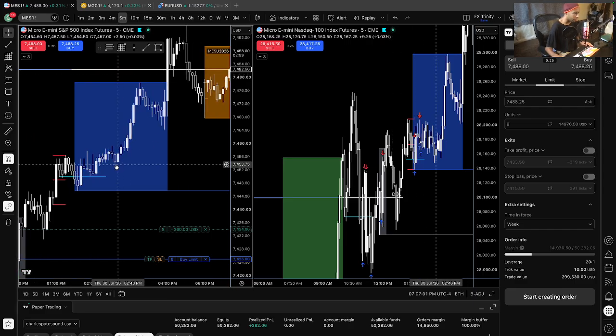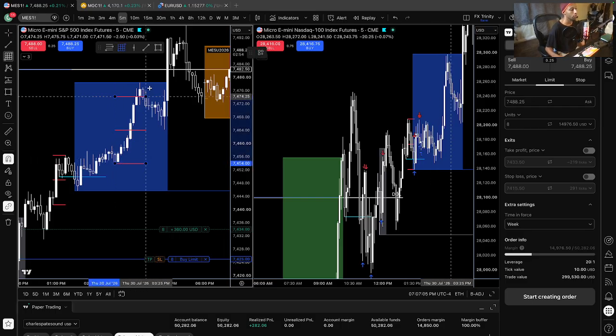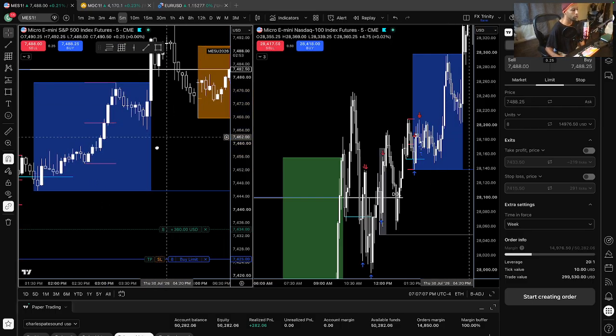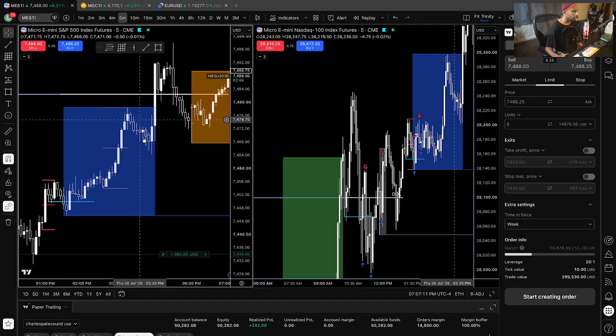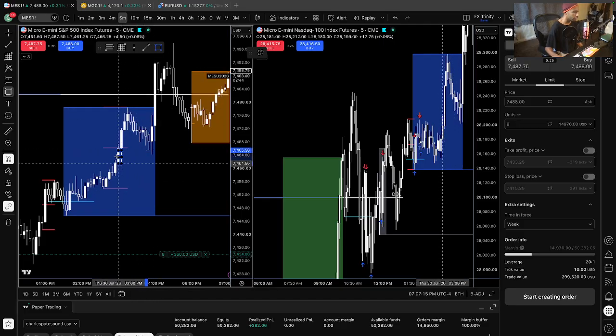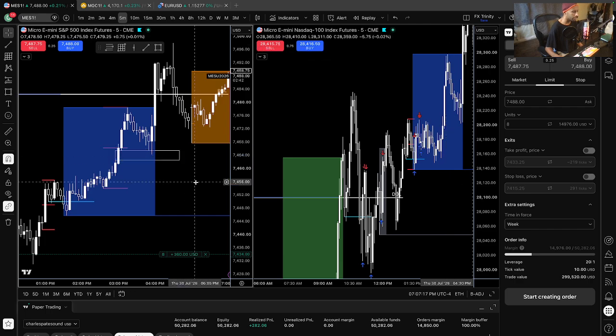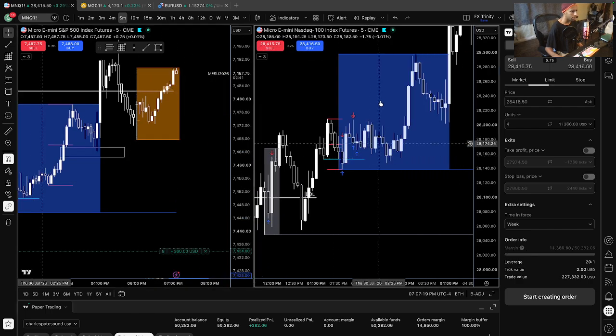So when we got this displacement right here, this could have been my third quality setup because we got the external draw to be met. So we got a 5-minute range right here, pull back to this fair value gap, which got respected, and same thing over here with NASDAQ.